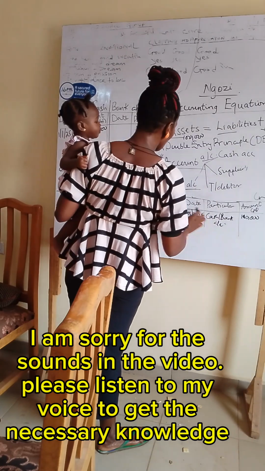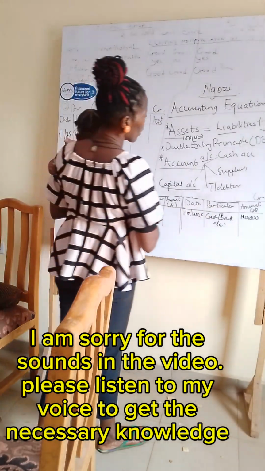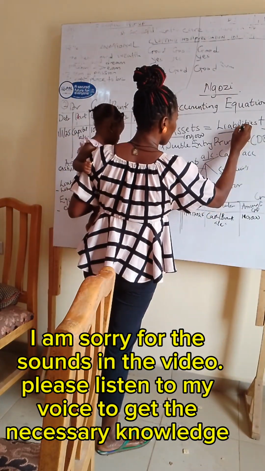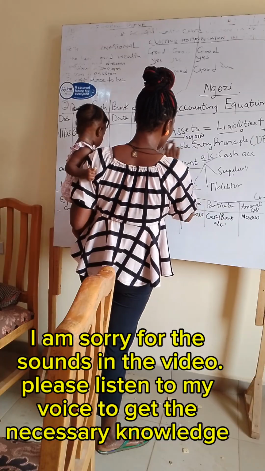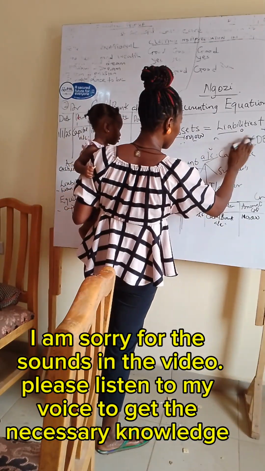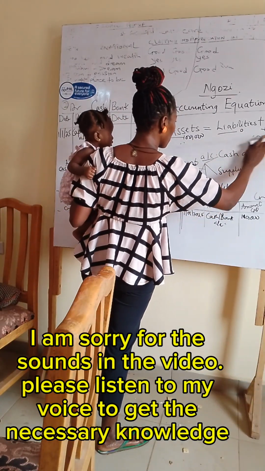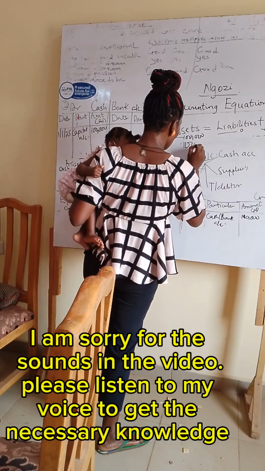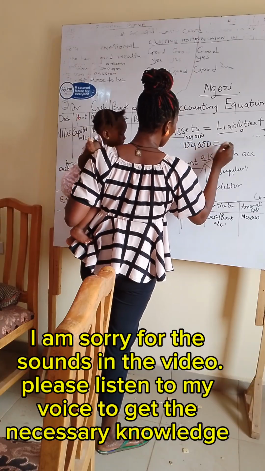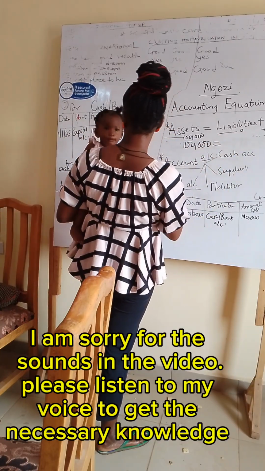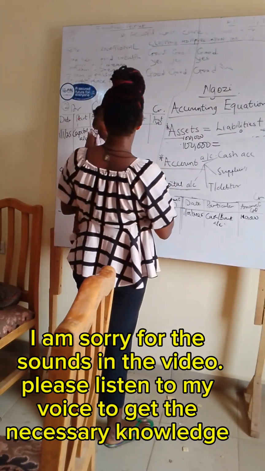You have your assets, 100,000. Liabilities: at this point, there is no liability. So we're going to have what? 0. For further explanation, walk with me. We have 100,000 naira equal 100,000.